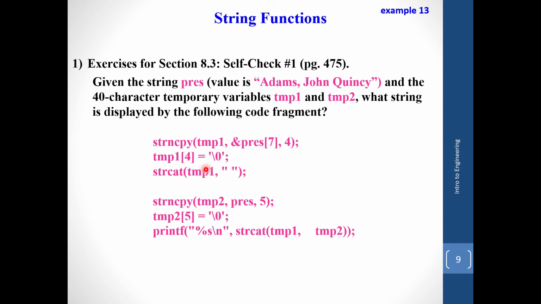Okay, so now we get John with a space. The next section we have string copy from Prez into temp 2, 5 letters. And we add our null on. Okay. So that should give us Adams stored in temp 2. And now we want to print it as one full string. So we're going to concatenate temp 2 onto the end of temp 1, which should give us John space Adams.